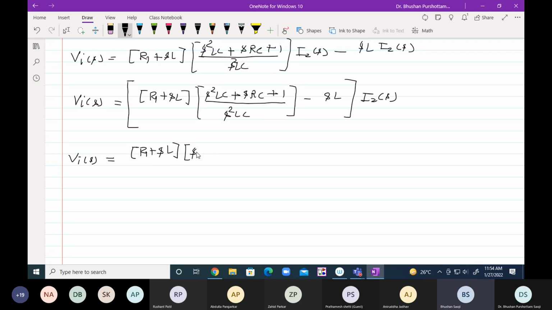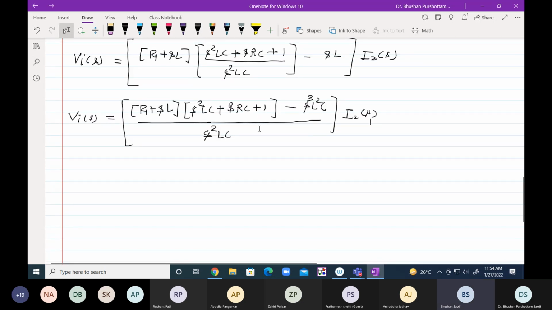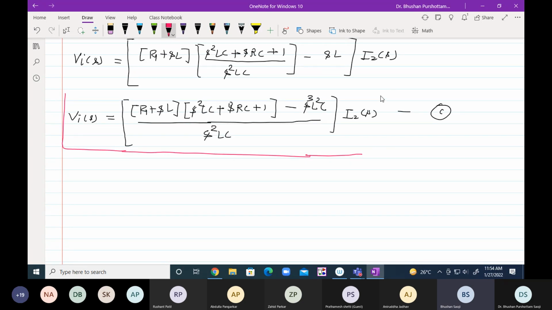Then we put here S square LC plus SRC plus 1 minus this S square LC multiplied by S into L, so this becomes S cube L square into C, divided by, this is common now, S square LC, multiplied by I2 of S. So this is our equation number C. We will highlight this one. This is the important equation.